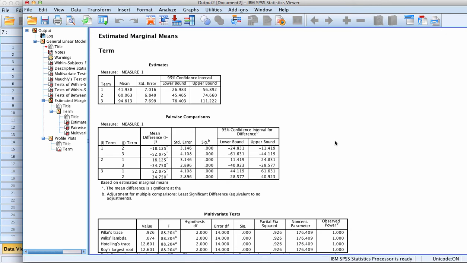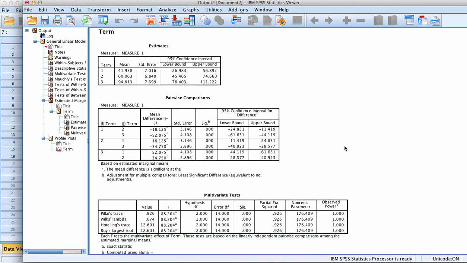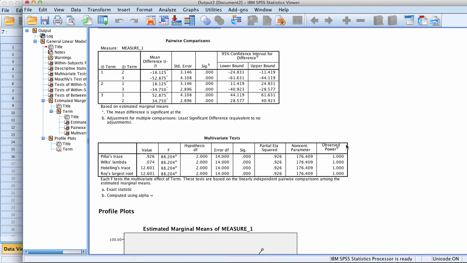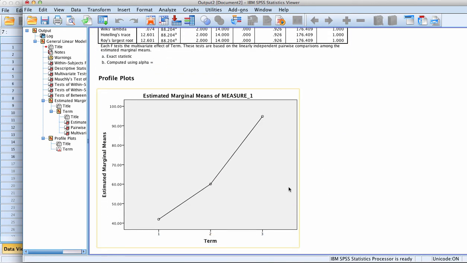But we see that term 3 is significantly higher than term 2, and it's significantly higher than term 1. And so we can see that there's a significant increase in these oral reading rates across the 3 terms or grading periods.